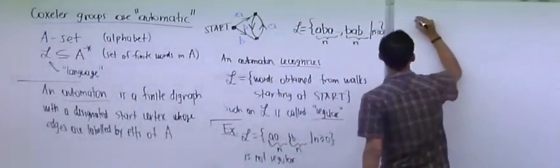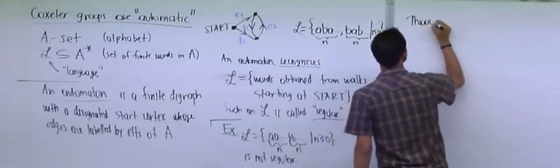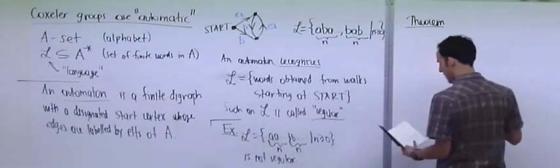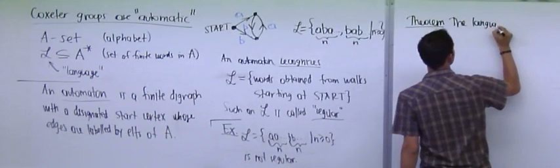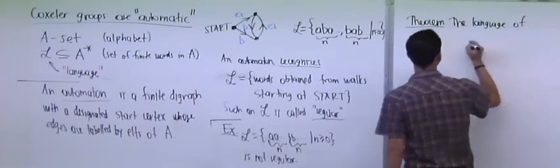So the main theorem of today, as you can probably anticipate, is that the language of reduced words of a Coxeter group is regular.